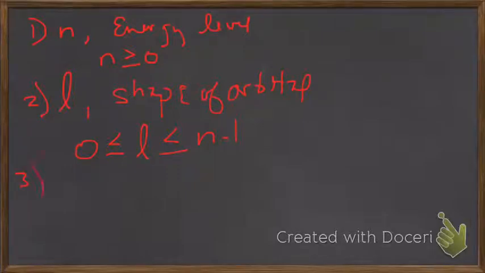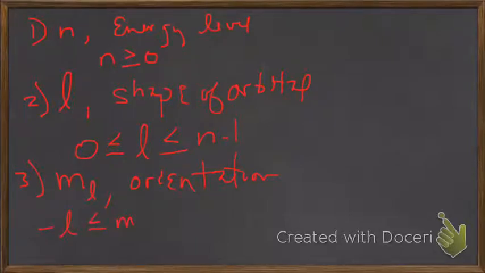The third quantum number is the magnetic quantum number, m sub l. It gives you the 3-dimensional orientation of that suborbital, and its values can range from negative l to positive l.